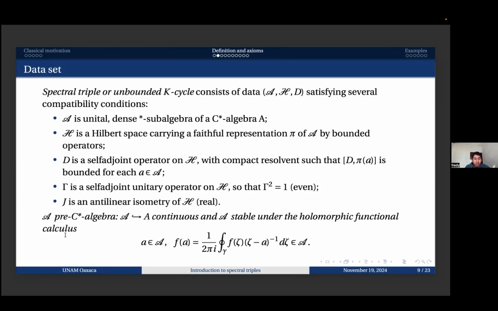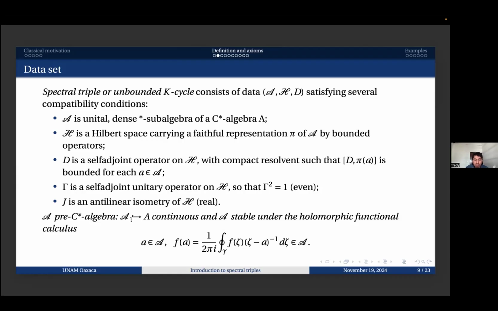In many examples in the literature, this A is actually a pre-C-star algebra. What does this mean? It means that the inclusion is continuous and A is stable under the holomorphic functional calculus.